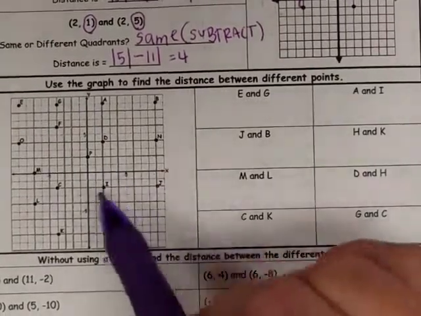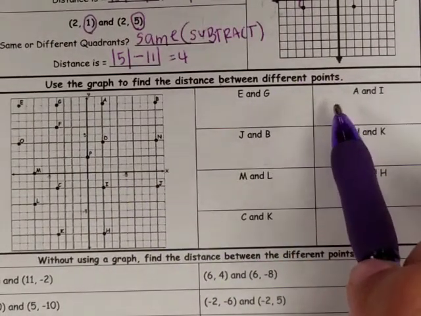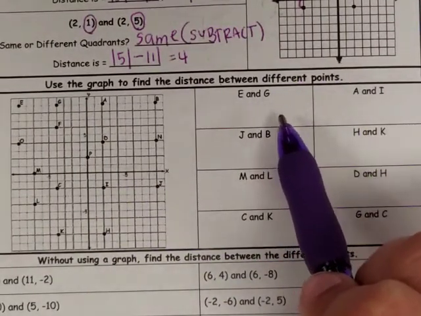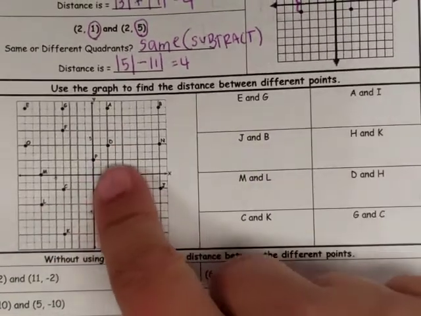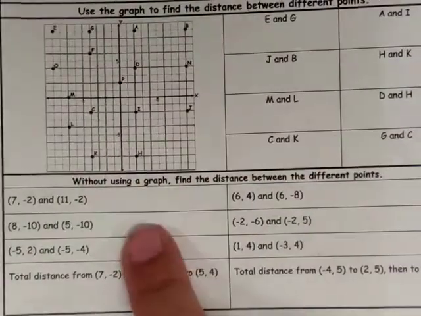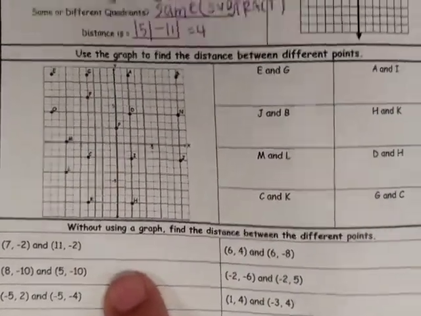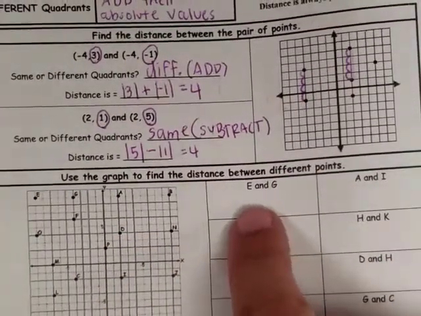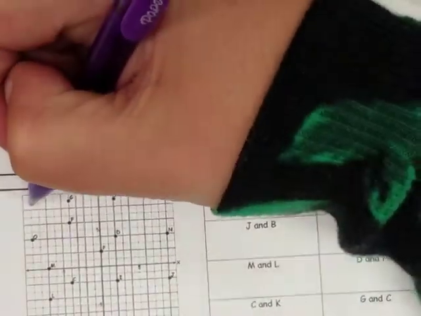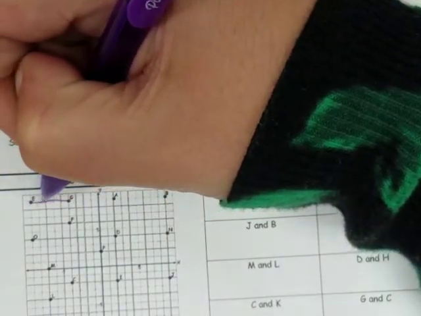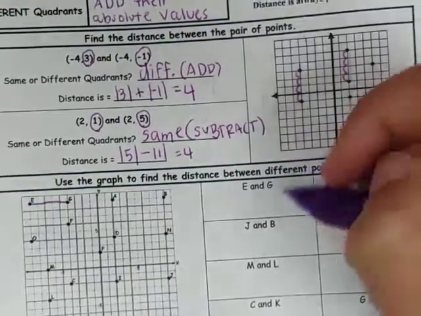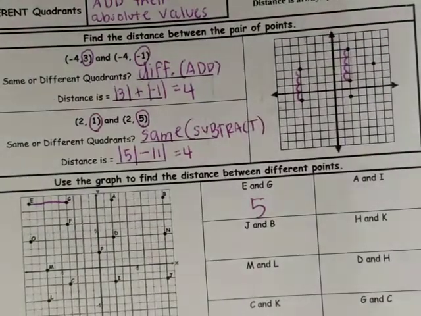Now we're going to use this graph to find the distances between each points. When the graph is given, I just count. When the points are given, that's when I use the rule. So let's go ahead and count these. E and G is right here. 1, 2, 3, 4, 5. My distance is 5.